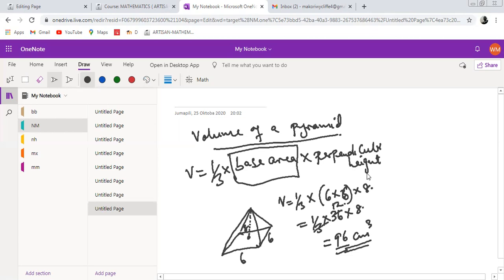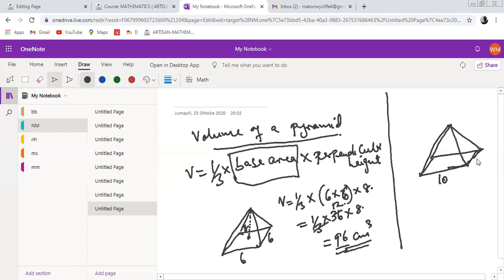What about if it was a rectangular base? If we are given a pyramid that has a shape like that, maybe you are told that this side is 10 and this side is 7, and the height here is 12 centimeters.